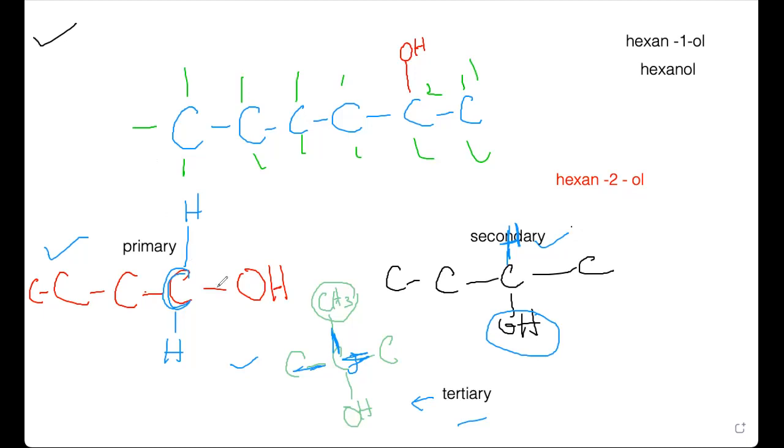So in primary alcohol, the carbon bonded with the OH group is connected with two hydrogens and one carbon, and that is least stable. Because the carbon bonded with the OH group is not that strong. It has one carbon at one side and two hydrogens.